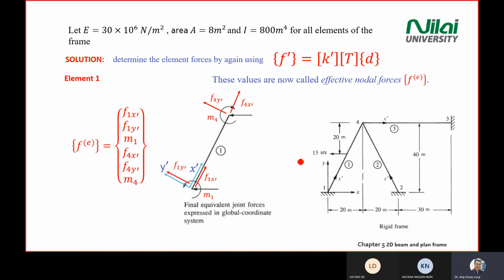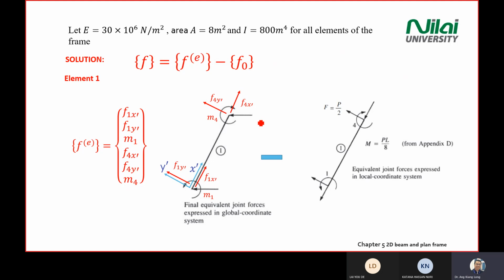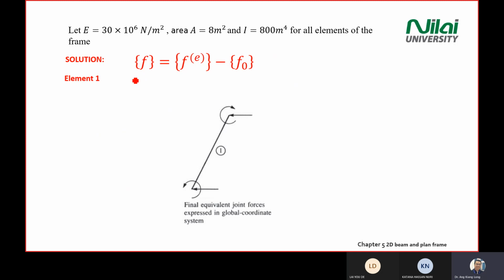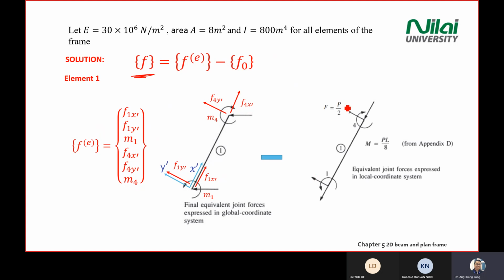You do the same for the other 2 elements. You repeat the same for the other elements. Once you find the forces for element 1, you want to find the forces that you have. So what you do, you take the element forces that you found just now, the 6 numbers, Fe, you minus the one that you find from Appendix D, all the displacement you have, the F0.